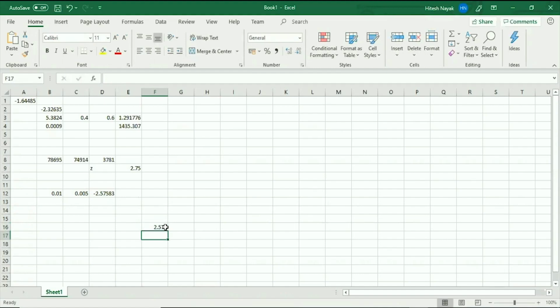Now you have calculated your value to be how much? Is it exactly 2.75, or is there a decimal value in it? It is 2.753. Okay.